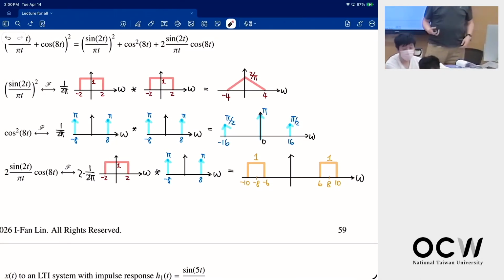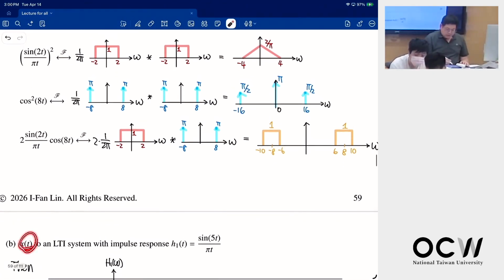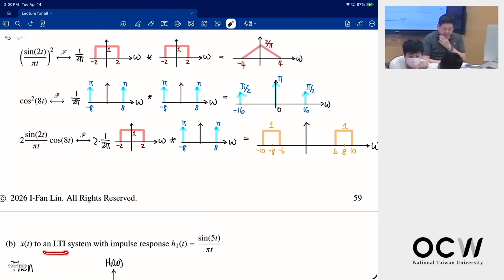Now this is just a signal, all right? So finally we can express the signal in the frequency domain. Now this signal is going to be sent to the LTI system. Let's see, what do we have at the output? For this system, I have an impulse response.